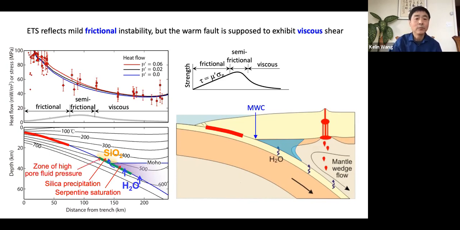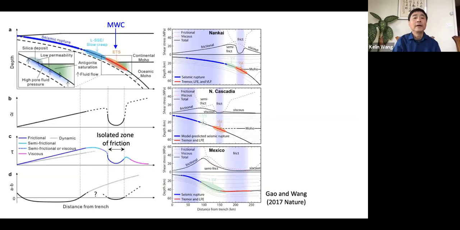As a result, we have a zone of very high pore pressure. When the pore pressure is high enough, it will dramatically reduce the frictional strength of the fault to be lower than the viscous strength. Therefore, it produces a localized zone of friction here, between zones of viscous or semi-frictional behavior. That provides the geological condition for ETS.